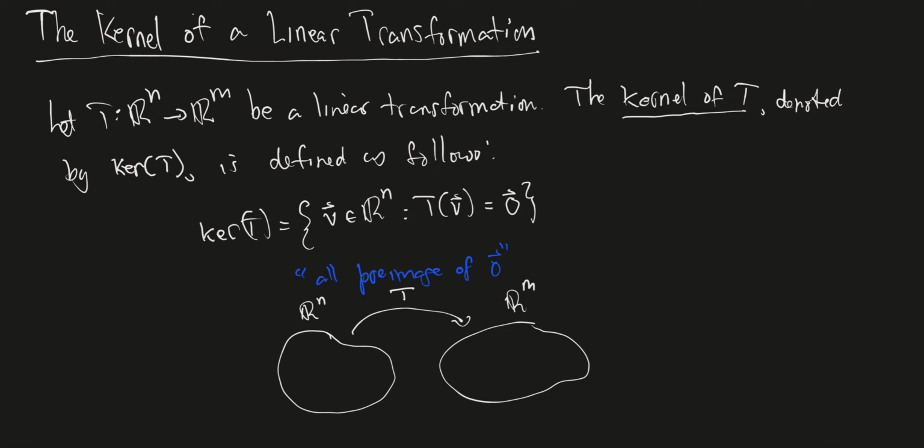So what we're now saying is there is a subset of vectors over here, all the vectors that when I apply this transformation get mapped onto the 0 vector.